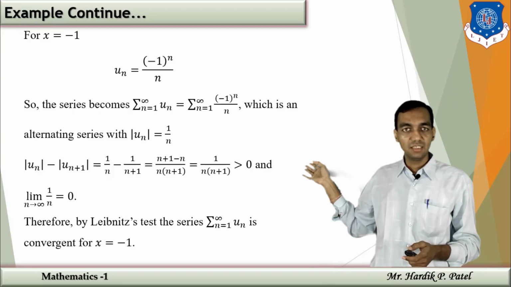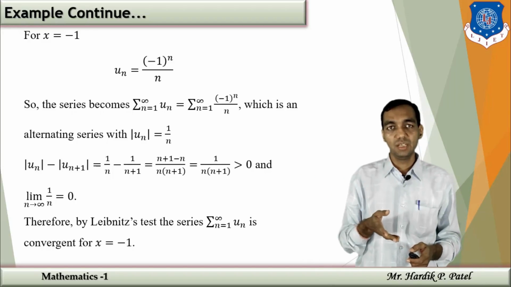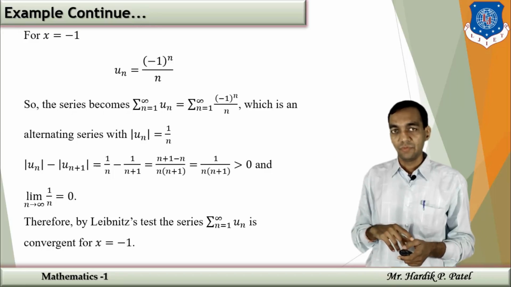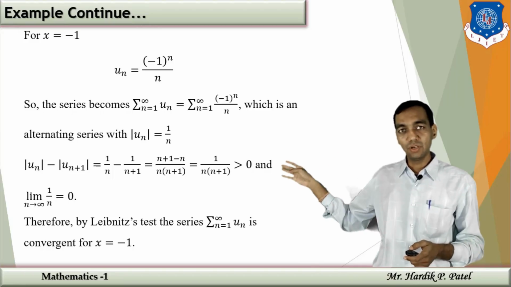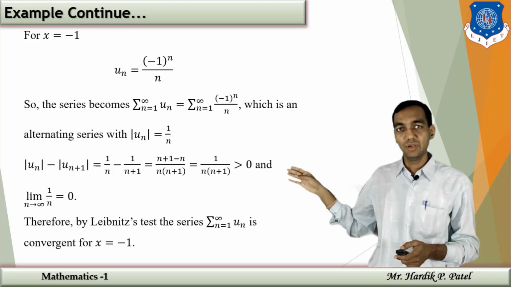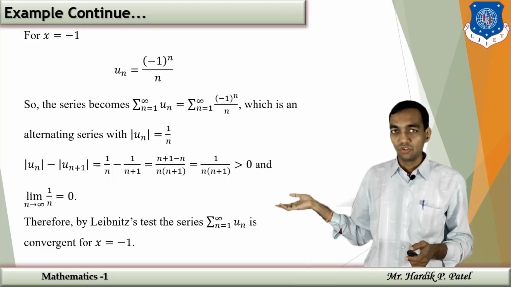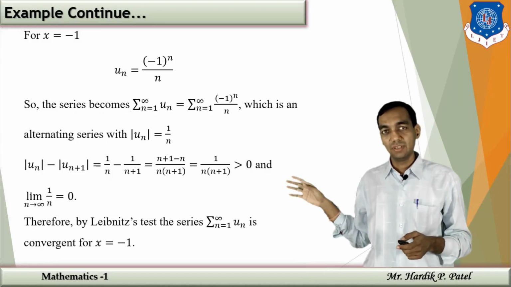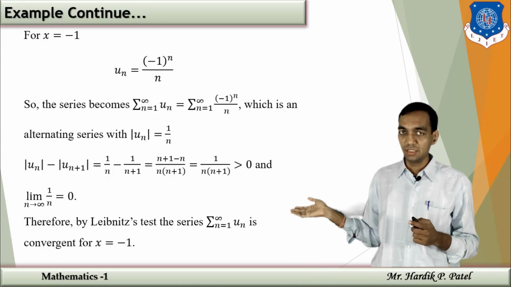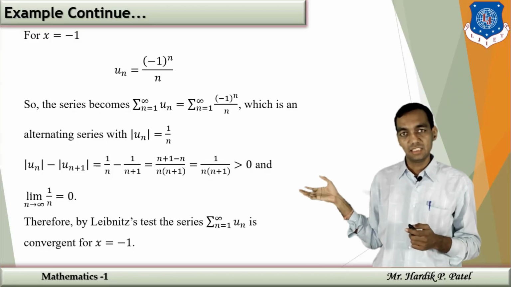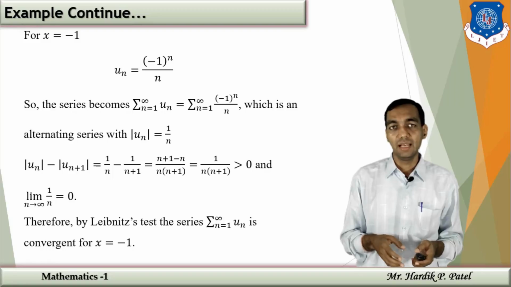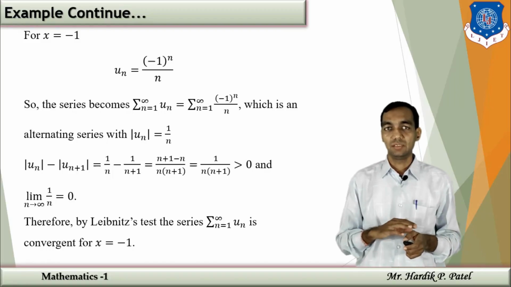Since it is greater than 0, your series is numerically decreasing. Now the limit of mod un, that means the limit of 1 upon n, will be 0. So both conditions are satisfied: the series is numerically decreasing, and the limit of the nth term is 0. Therefore your series is convergent for x equal to minus 1.